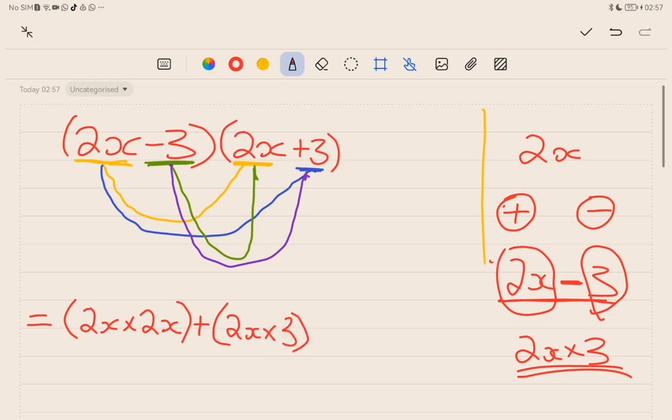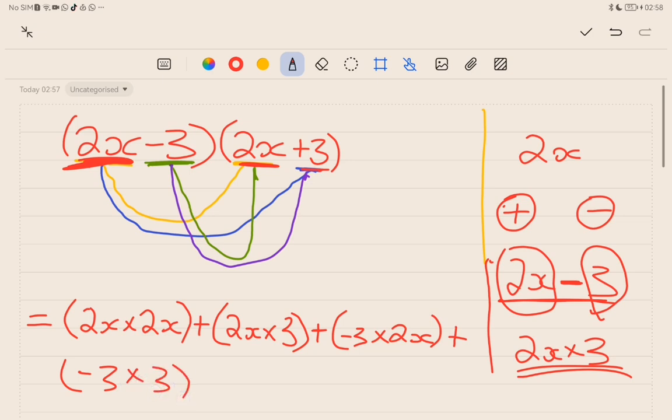So here what you did was you multiplied this 2x by this 2x, then also you multiplied this 2x by 3. That's what you have done so far. So now we move to negative 3. Negative 3 multiplied by what? 2x. Then plus, bracket again, then you say negative 3 times 3.